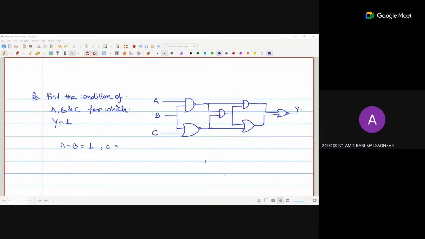The final answer that I'm getting is A plus B, the equation. So A plus B. One is getting the A dot B. Any other?